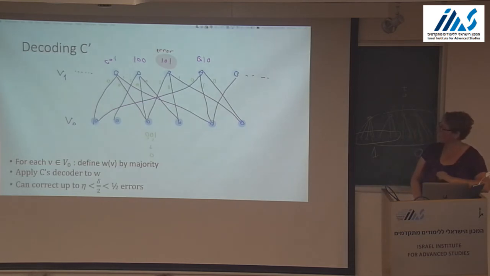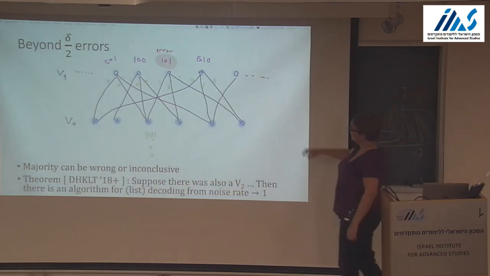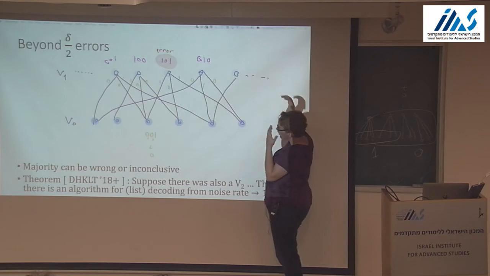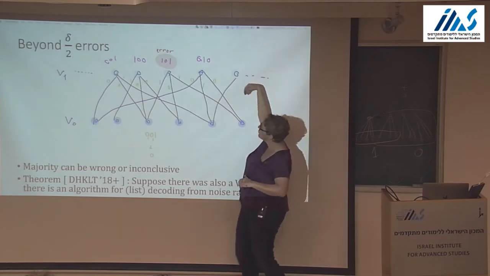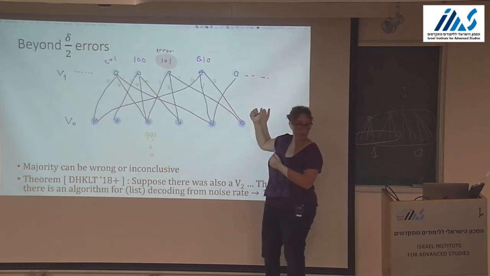In this method, we can never go beyond 1/2. But now I want to say that if this whole construction, which we didn't know it, really has also a V2, then we can get an algorithm for going beyond 1/2.